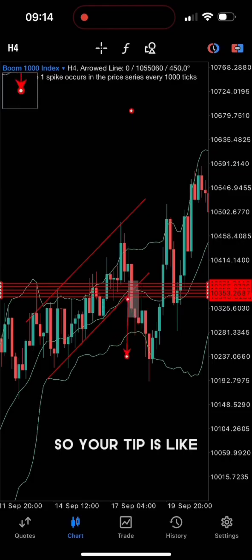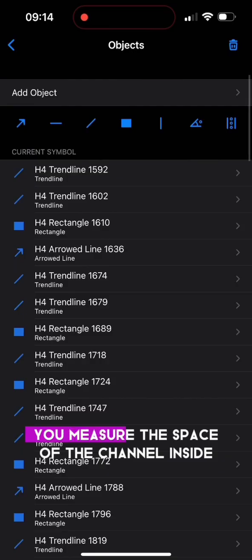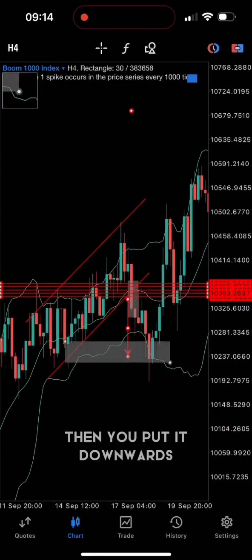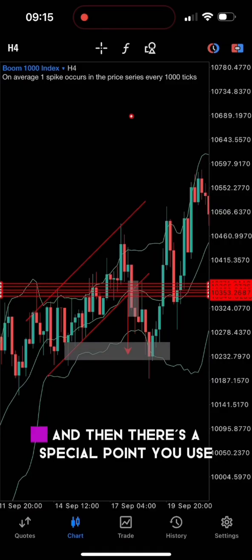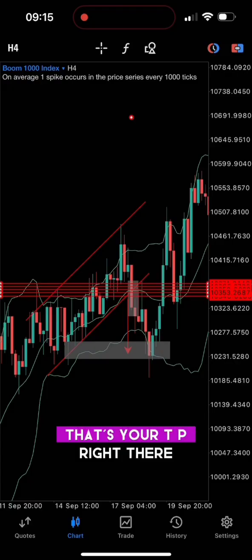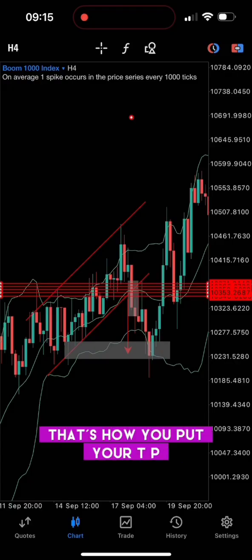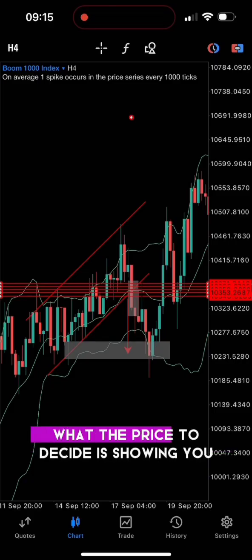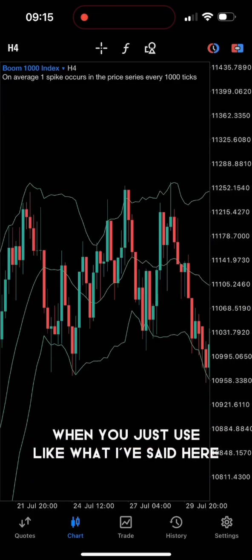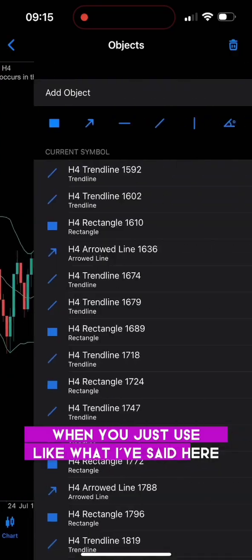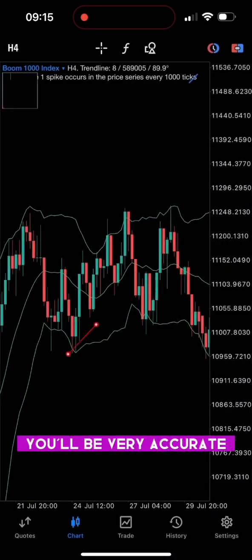Yes, so your TP is like, you measure the space of the channel inside, then you put it downwards, and then there's a special point you use. That's your TP right there. That's how you put your TP. It doesn't matter what the price to the side is showing you. When you just use like what I've said here, you will be very accurate.